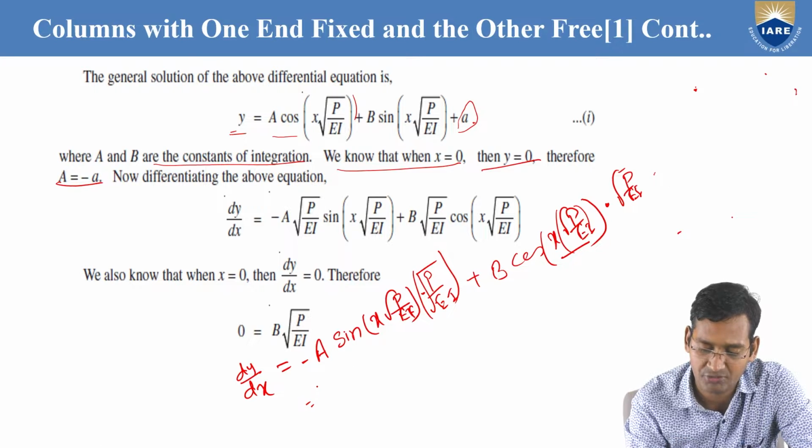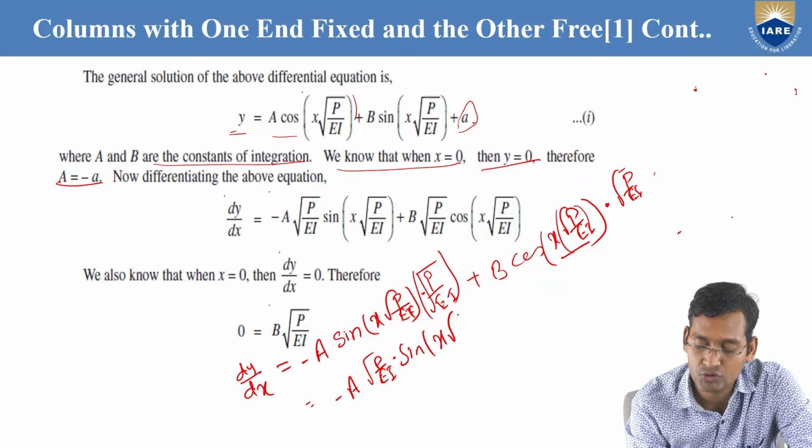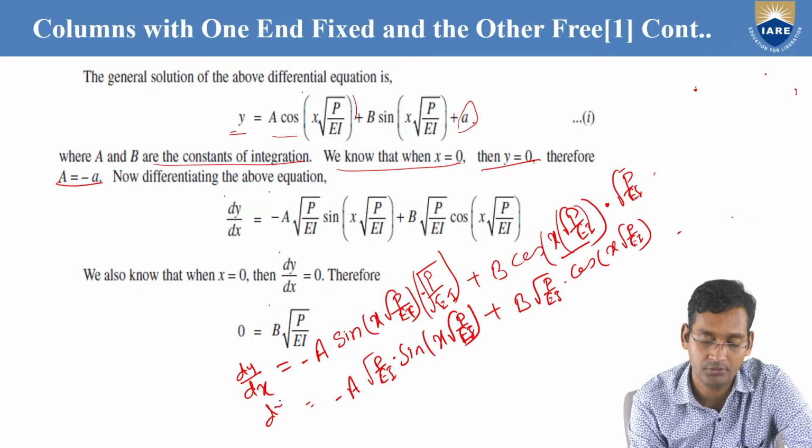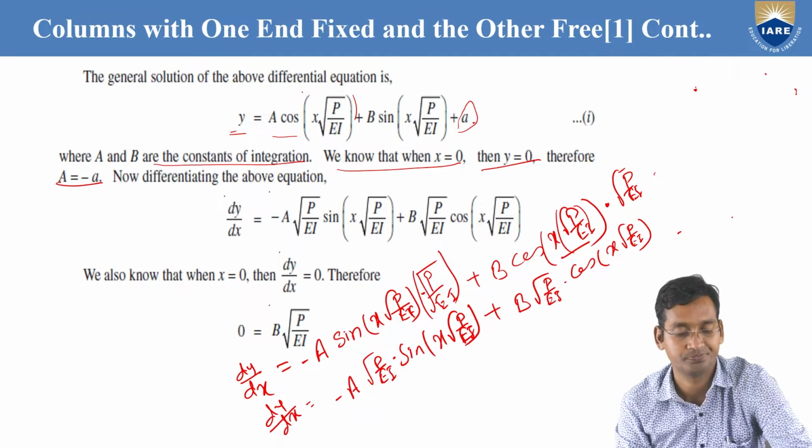By simplifying we can write it as minus a root p by EI sin(x root p by EI) plus b root p by EI cos(x root p by EI). Okay, so this is our dy by dx.